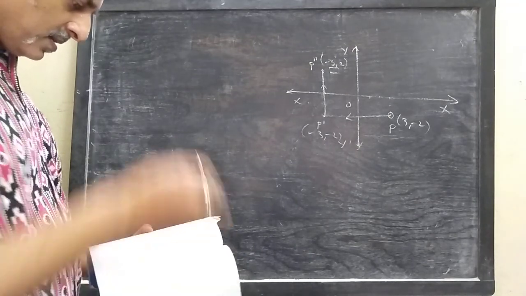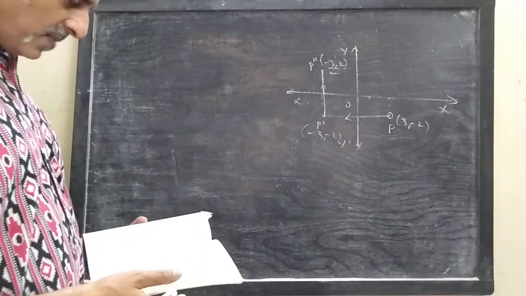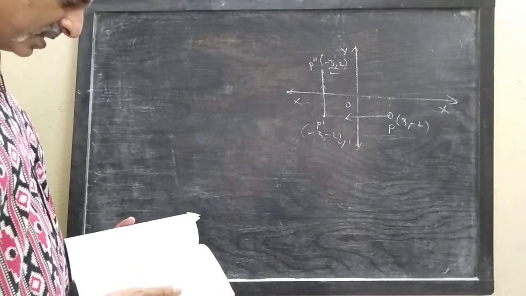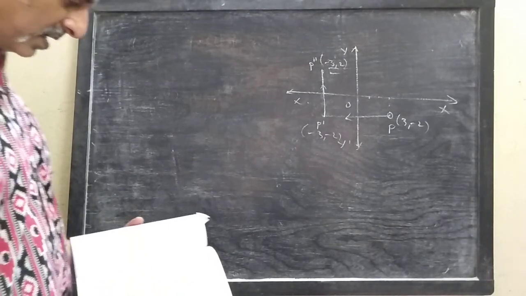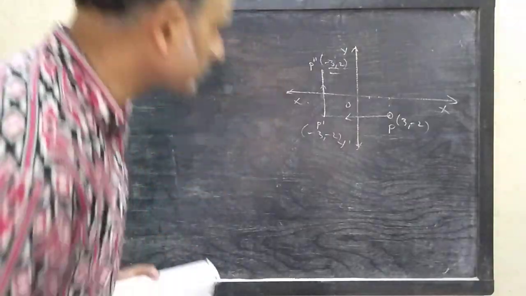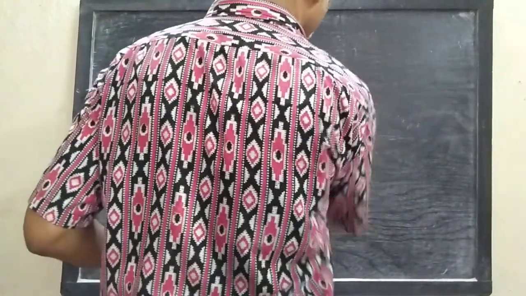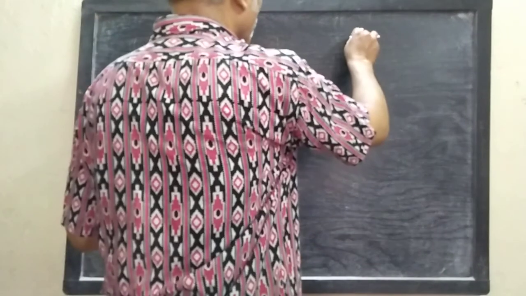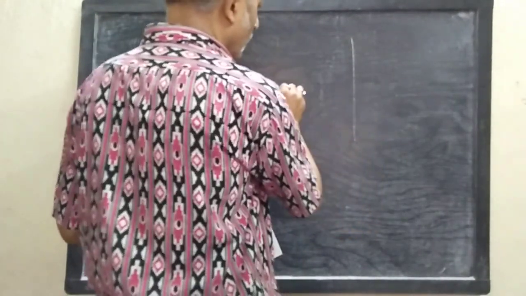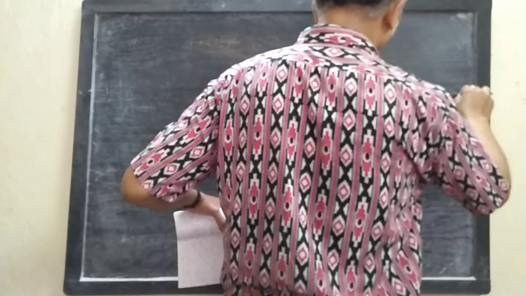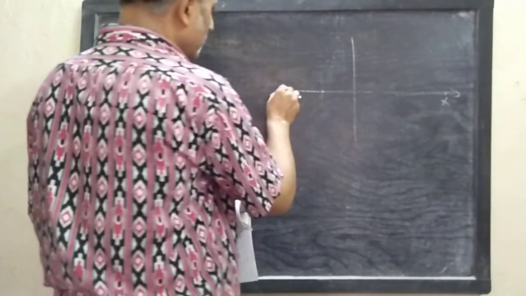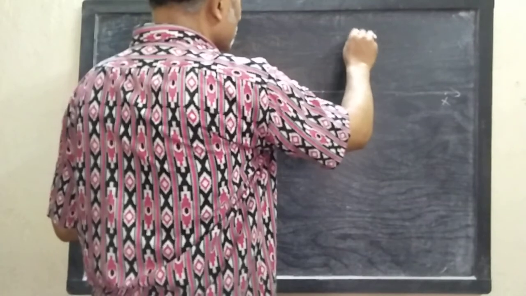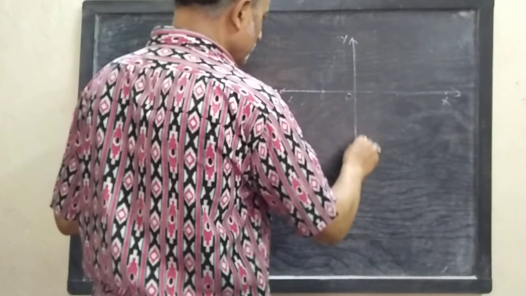Next question: find the coordinates of the image of (3, 1) under the reflection in the x-axis followed by reflection in the line x equals 1. This is the x-axis, this is the y-axis, this is the origin.